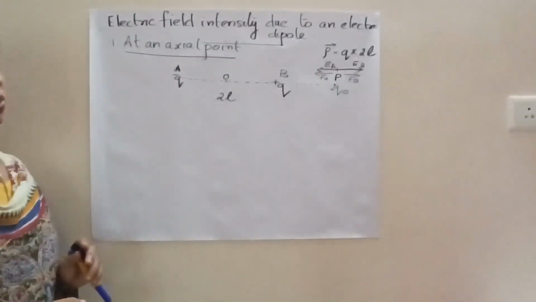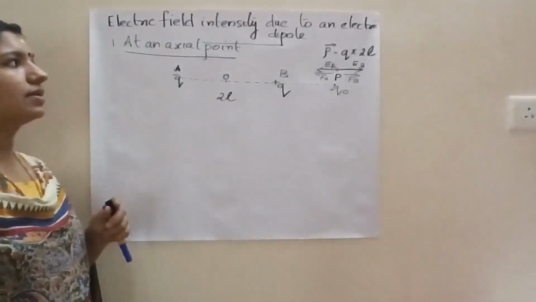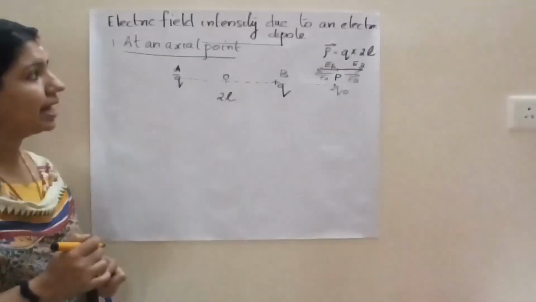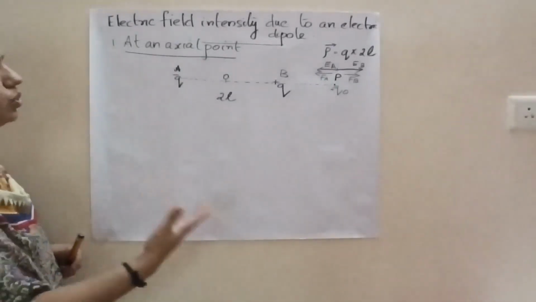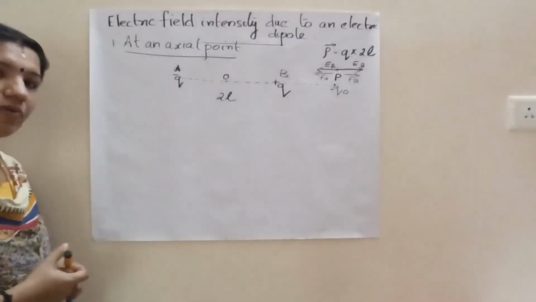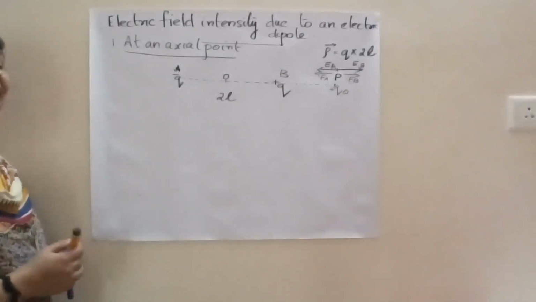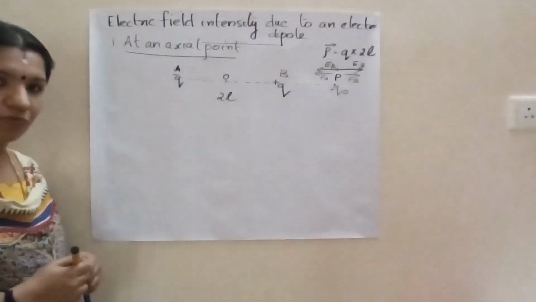So, what is our aim? The aim here is to find the electric field intensity. To find the electric field intensity, we have two electric fields here, one is EA and one is EB. How can I find it? I have to take the resultant of these two electric field vectors.